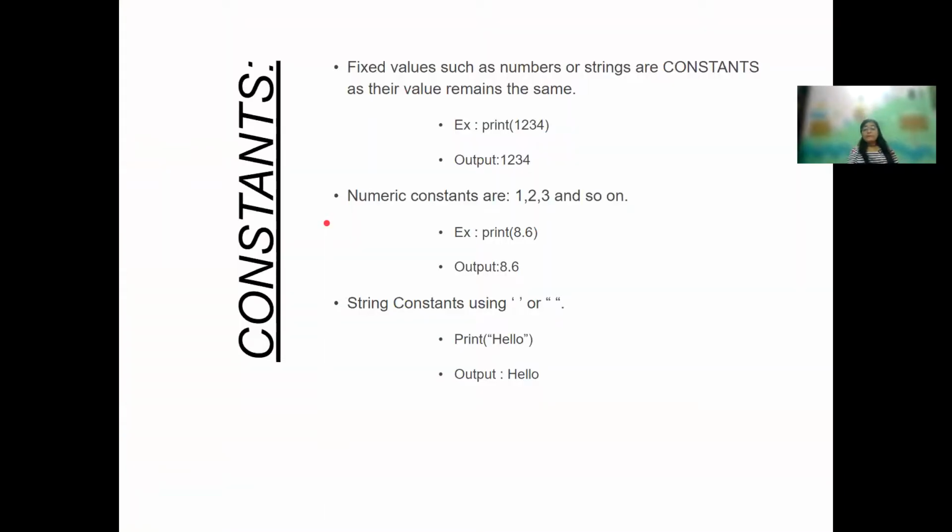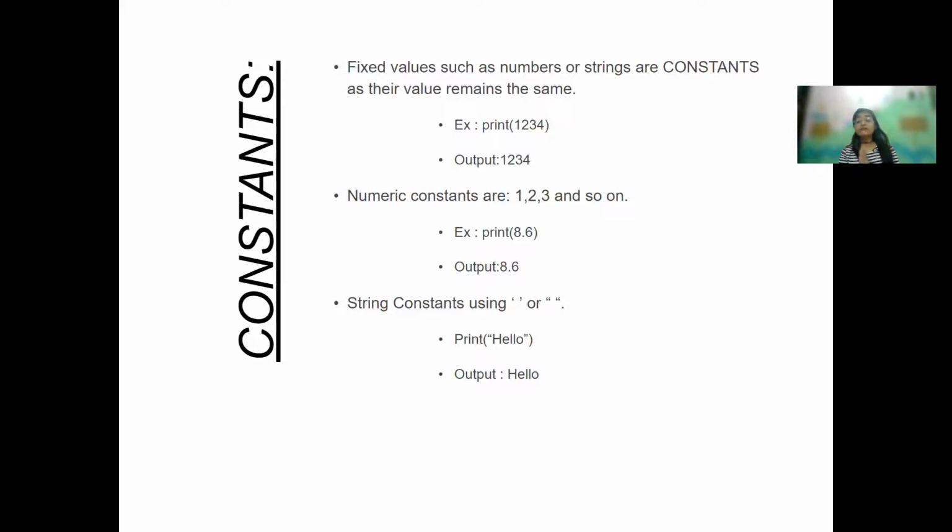If I'm talking about constants, in English you might have heard that this word is a constant, like hi, hi world, hello world. What do you mean by constant? Constant means that its value is not going to be changed throughout the program.